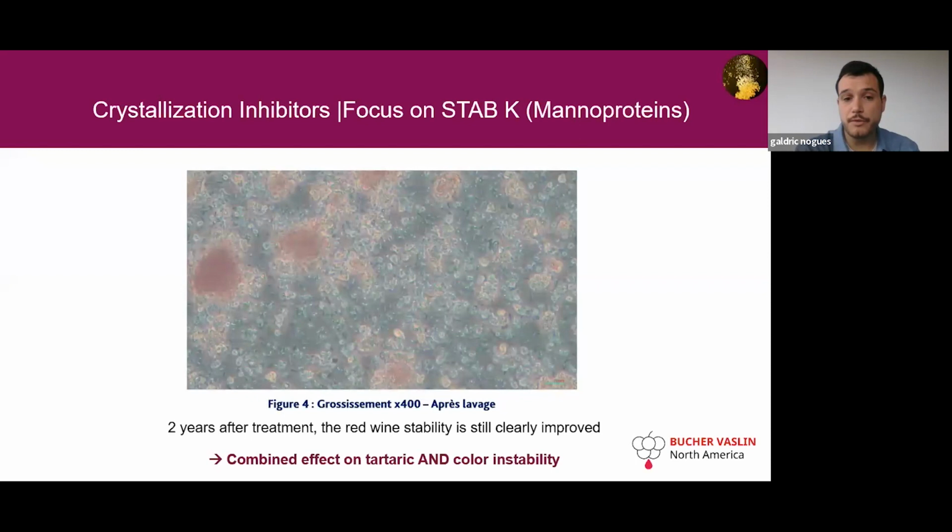And this is what we can observe on the membrane with a microscopic observation at times 400. You can see here crystals of tartaric, and these big red points are anthocyanins that precipitated due to the action of the tartaric. So both of them were unstable.